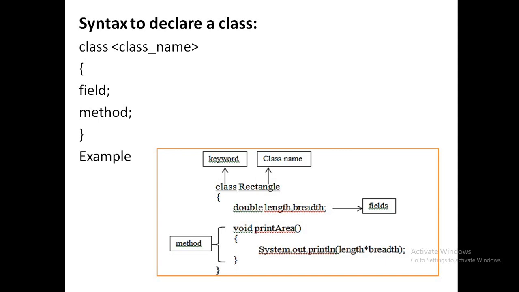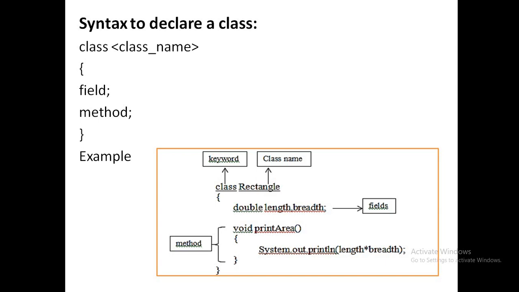Class is declared with a predefined keyword, that is class. So class followed by class name, and within braces we can declare various variables, methods, functions, etc. So in this example, rectangle is the class and the class name is declared using the keyword class, and within braces we have certain fields, variables like length, breadth, which are declared using double as the data type.